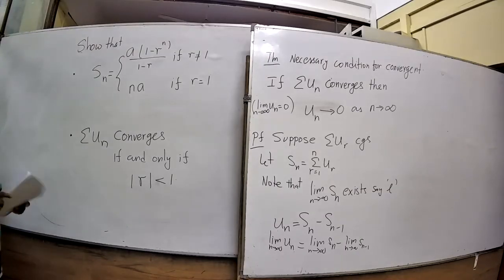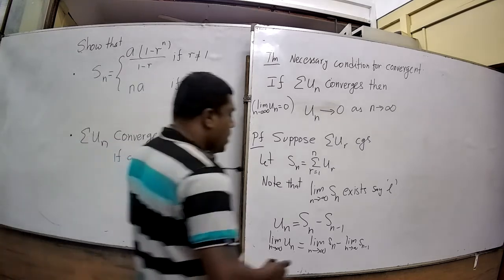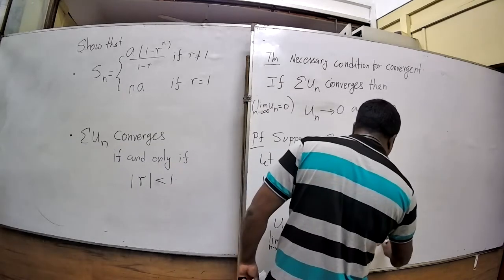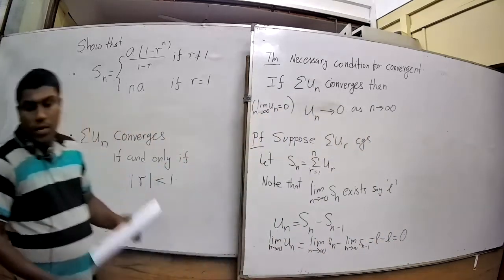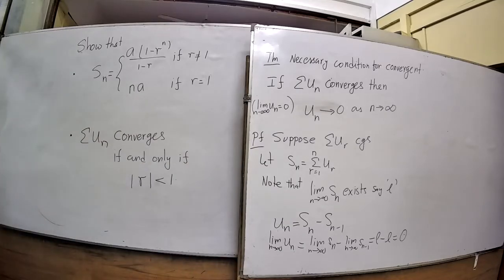But you know both of them are L, because if the limit of Sn is L, the limit of Sn minus 1 is also L. The sequence will have a unique limit. So it's basically L minus L, which is 0. That is what we are trying to prove: un goes to 0 as n goes to infinity.